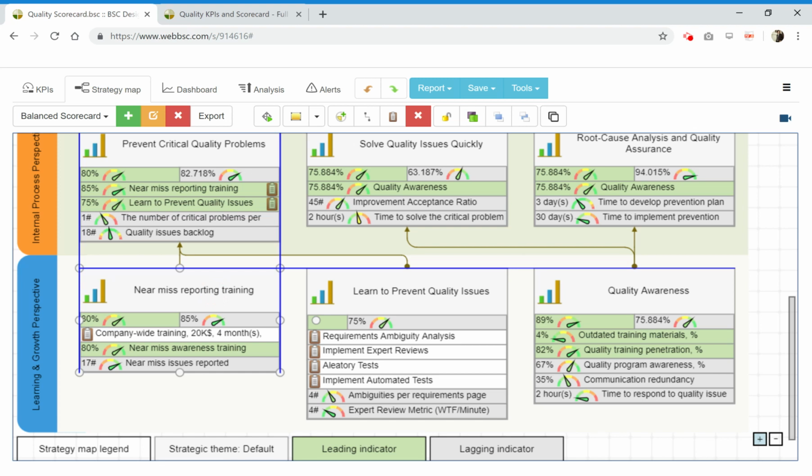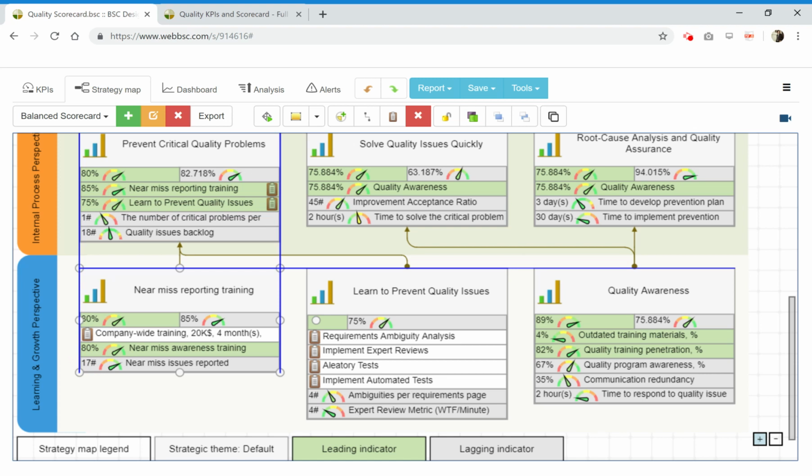So basically, in this case, when we're talking about near-miss reporting training, our leading indicator that predicts the success of this goal is near-miss awareness training. We do some training that explains to our quality team what near-miss reporting is, and that's our leading indicator. We can expect that if we covered, like in this example, 80% of the participants, something positive will happen.